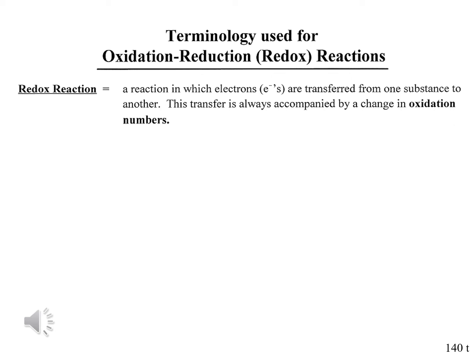And one of the main reasons is that in this class, our topic is not going to be primarily balancing redox equations. It's going to be how you use redox equations for making batteries.